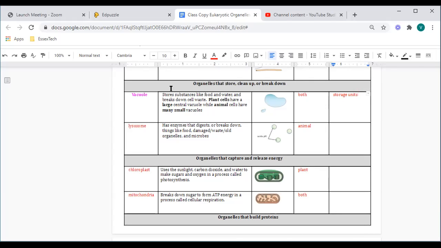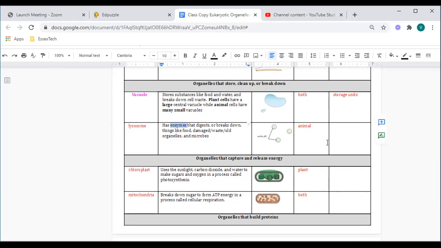All right, lysosomes, they have enzymes, and we've talked about enzymes. They are proteins that help speed up chemical reactions. So lysosomes digest things, they break them down. Things like food, damaged things, waste, old organelles, microbes, which are like bacteria.